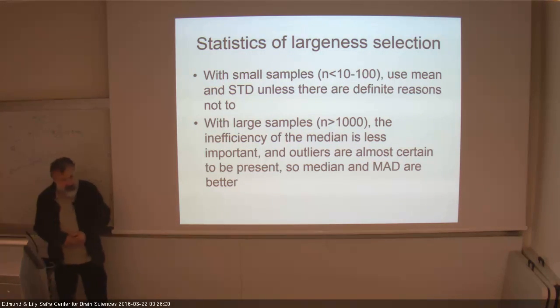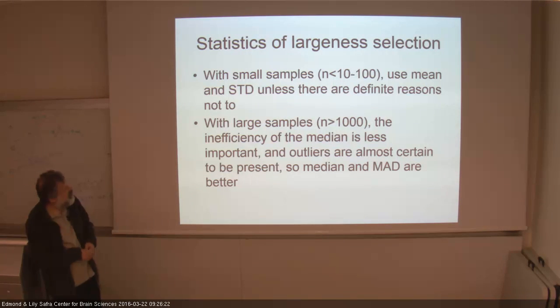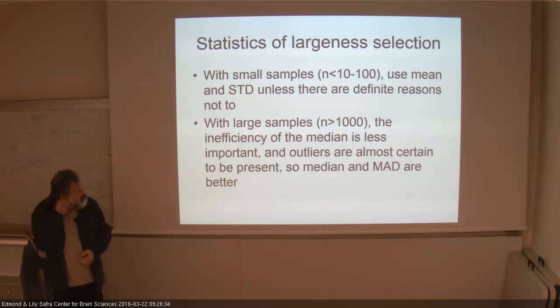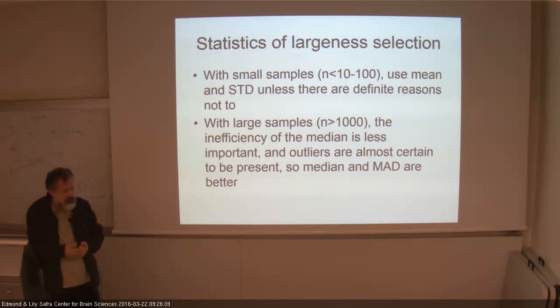Now, the rule of thumb for robust versus non-robust is that if you have small samples, the mean and standard deviation are better because they are optimal and preferable. They are the first thing to use. The reason is that the lack of efficiency of the median and the MAD may express themselves. Secondly, you know whether you have outliers or not.